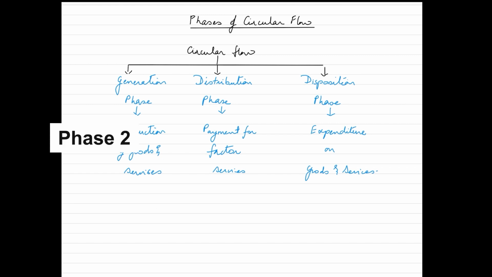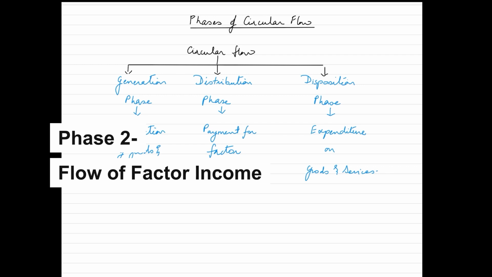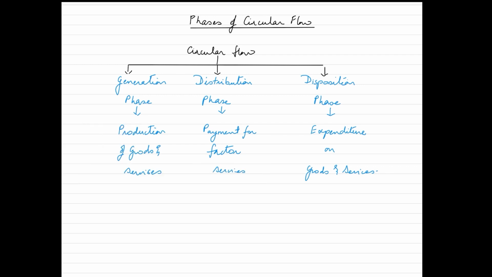The second phase involves the flow of factor income from firms to households in the form of rent, wages, interest, and profit. We generally term it as payment for factor services. We call it a payment because it is a payment by businesses, and since it flows from businesses to households, it is recorded as payment for factor services.